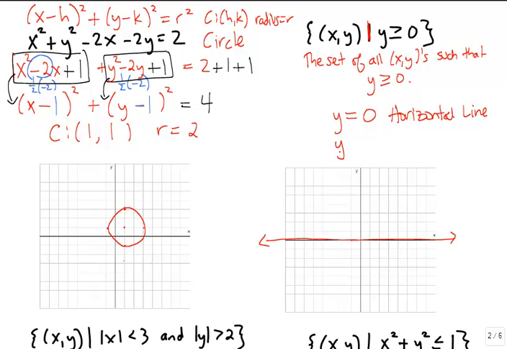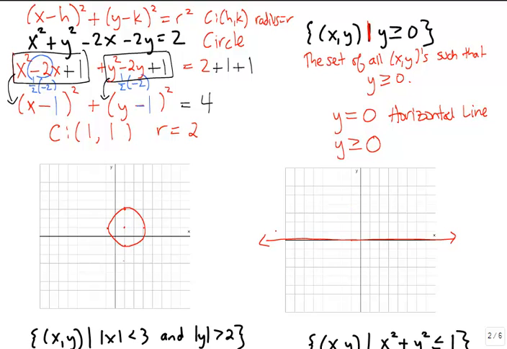What would it then mean if I want y greater than or equal to 0? When it's equal to 0, that's the line itself. Which points are going to have y's greater than 0? Well, greater than 0 y's are all these y's going up, because these are positive y values.